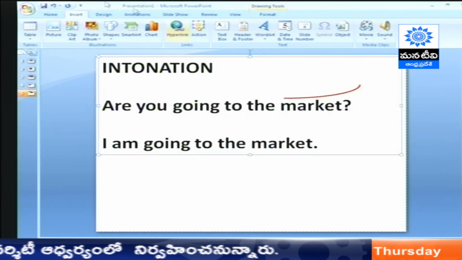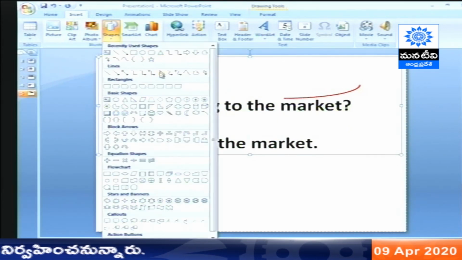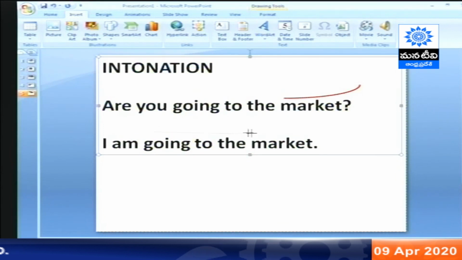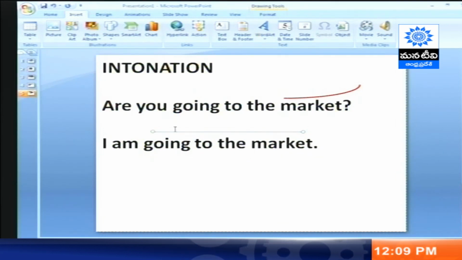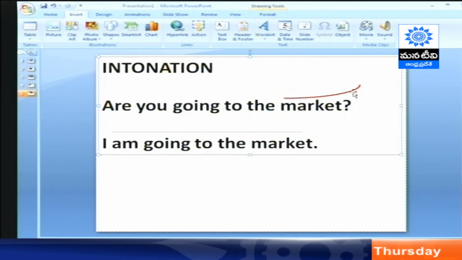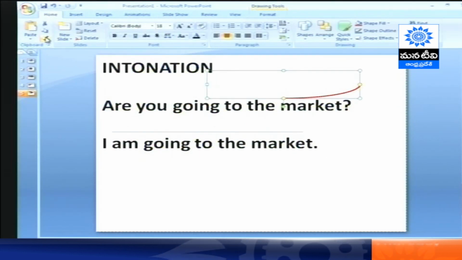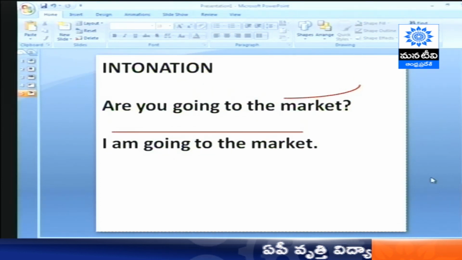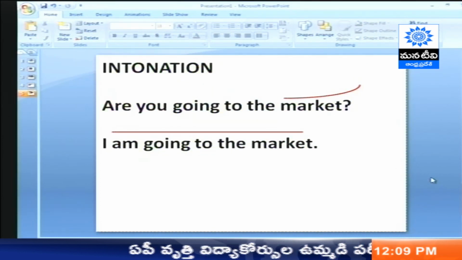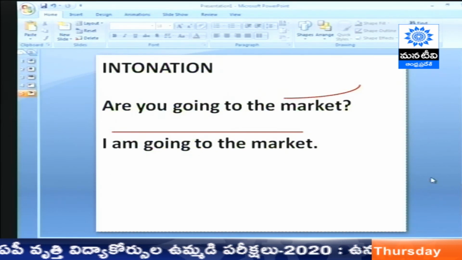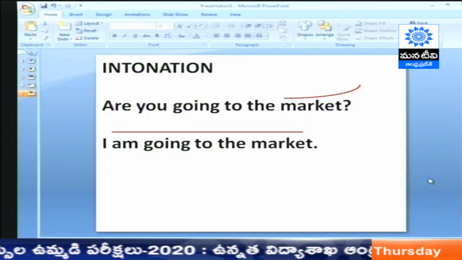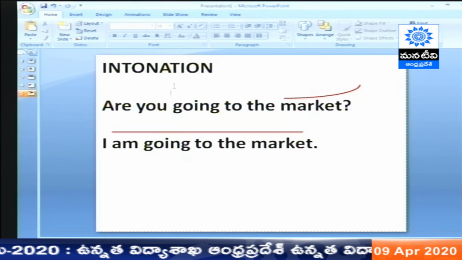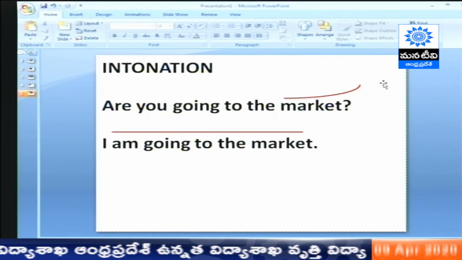So here, let me add the line for you so that you can understand what I mean by this. I'm going to the market. Now this is a statement and it's a flat intonation. But when I say, are you going to the market? Then it's a rising tone.